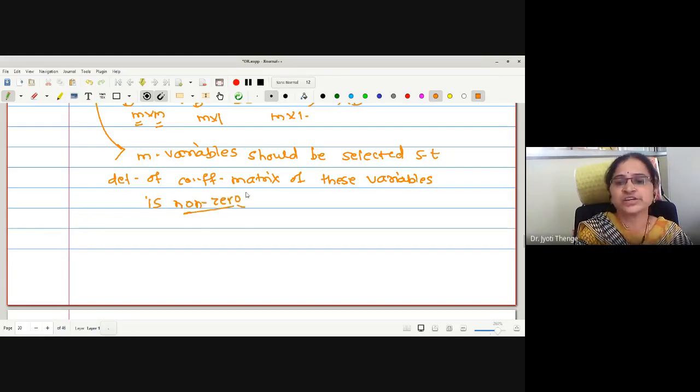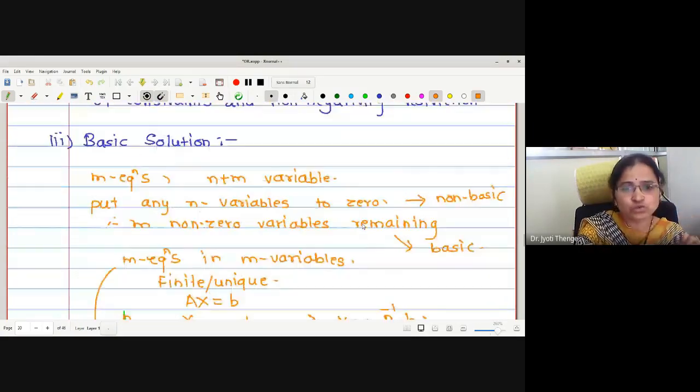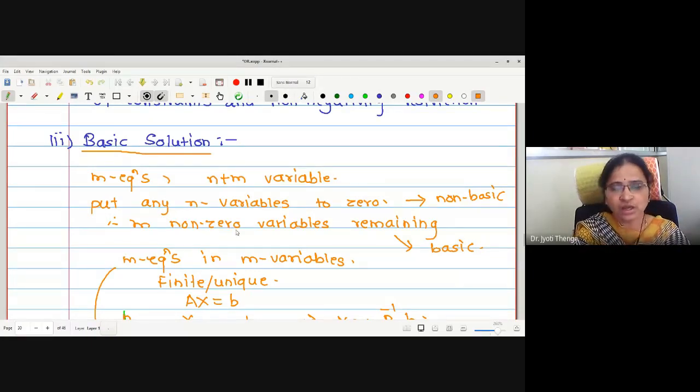Why is the condition essential? For the inverse. And whatever solution we obtain by this procedure is called the basic solution. Understood the procedure? Let me repeat.